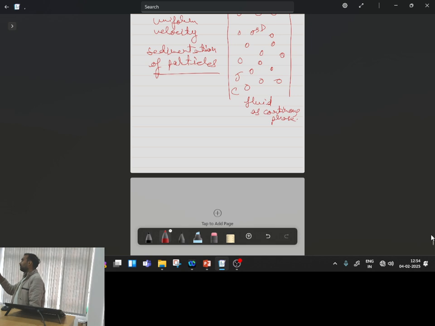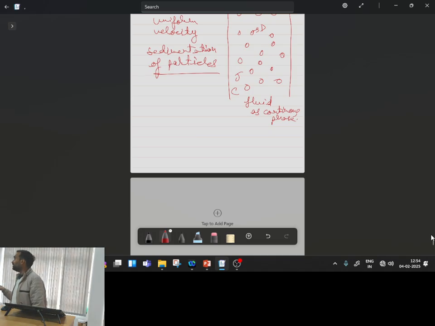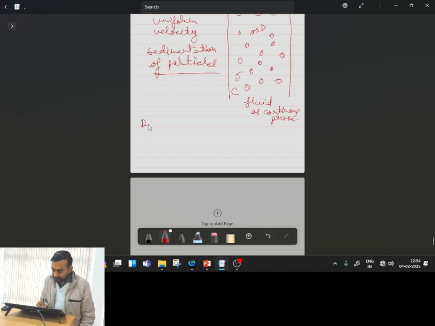Local acceleration plus convective acceleration. Particles are sedimenting with uniform velocity. It means velocity is neither changing with space nor with time. So the total acceleration term on the left hand side will be equal to 0. So for the dispersed phase, the left hand side is 0.